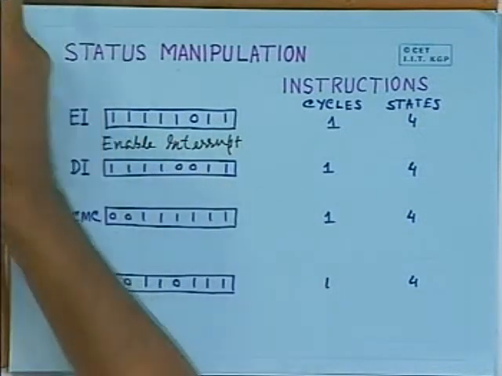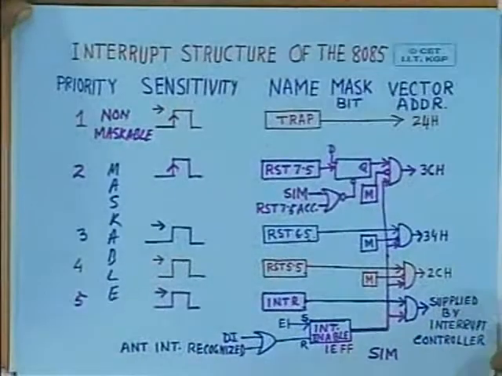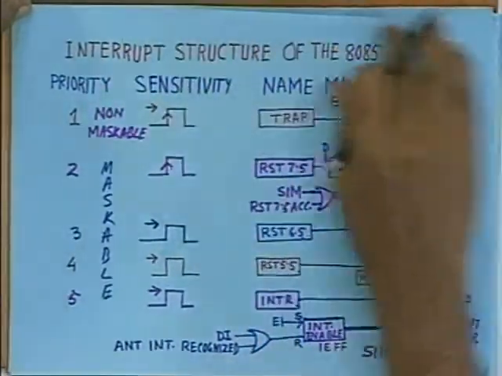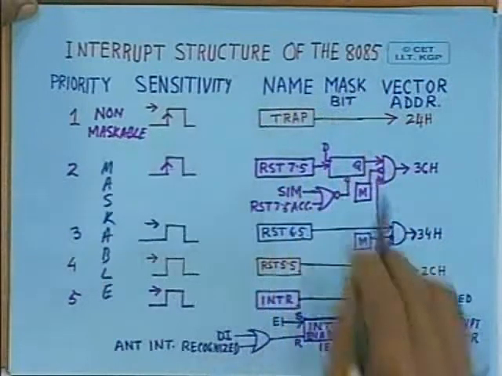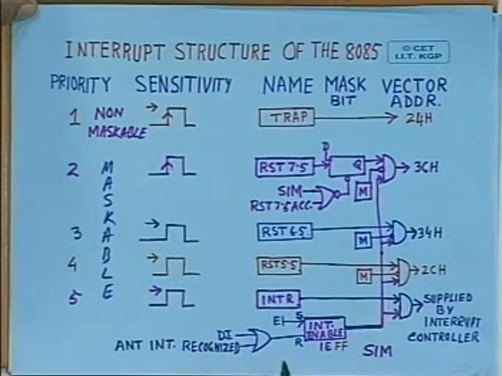What do you mean by that? You may recall that we have discussed in detail the interrupt structure of 8085, and there is an interrupt enable flip flop. So, by executing enable interrupt, this particular flip flop is enabled or set to 1.